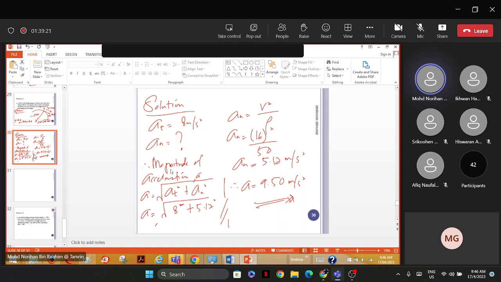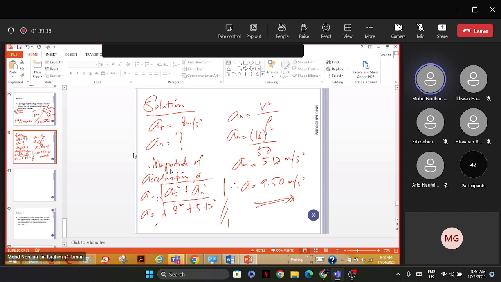Relative motion we will do online later. And for your information, the topics involved in test 1 I've already shared with you last week.